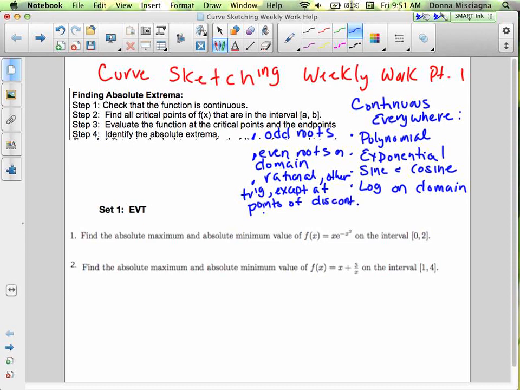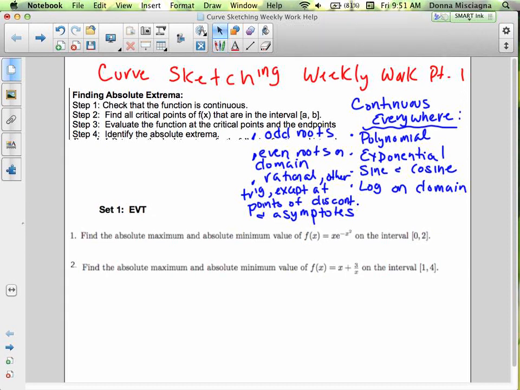So if there's no asymptote or discontinuity in the middle of the interval, and it's in the domain of the function, then the function is going to be continuous.